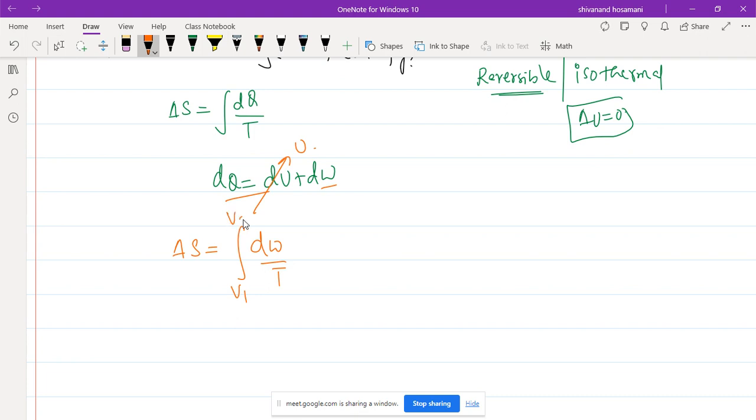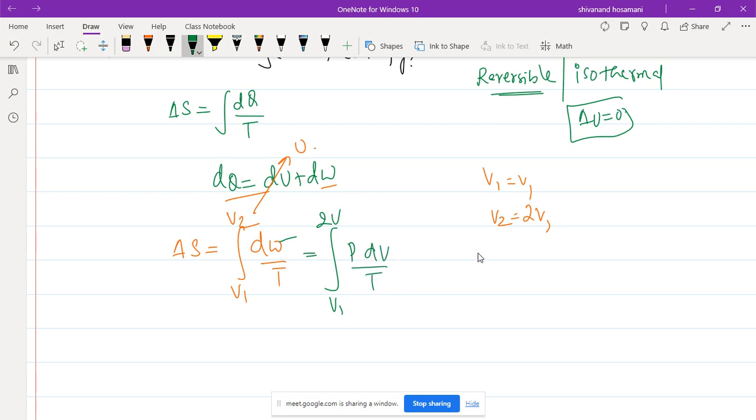So v1 he has given as v1 only, v2 is equal to 2 times v1. Therefore I can rewrite this as integration from v1 to 2v1. What is dw? dw is equal to P dV, divided by temperature T.